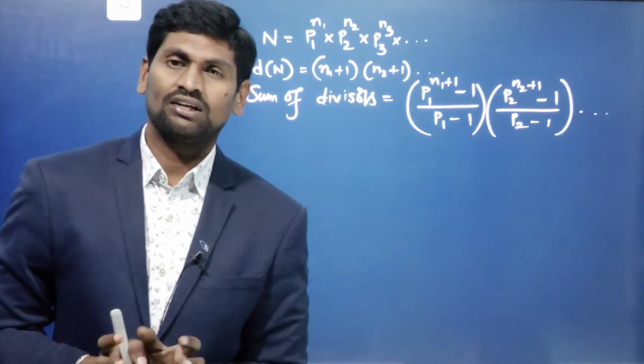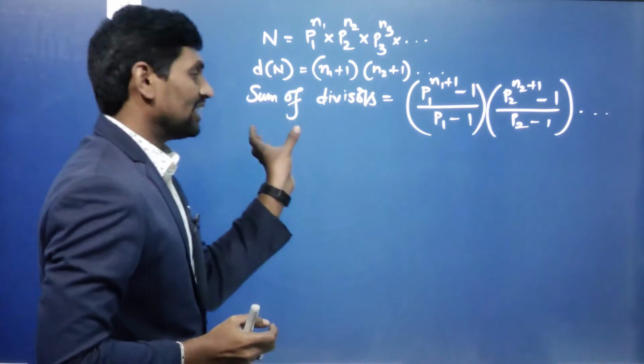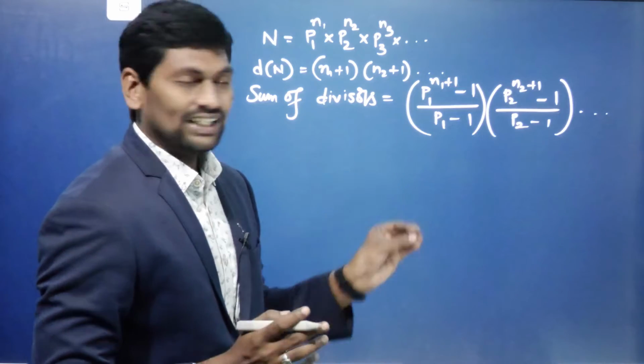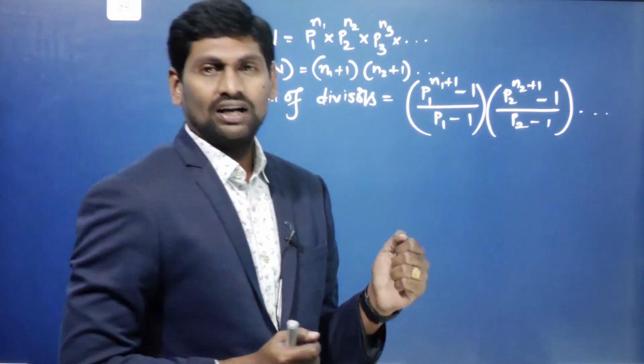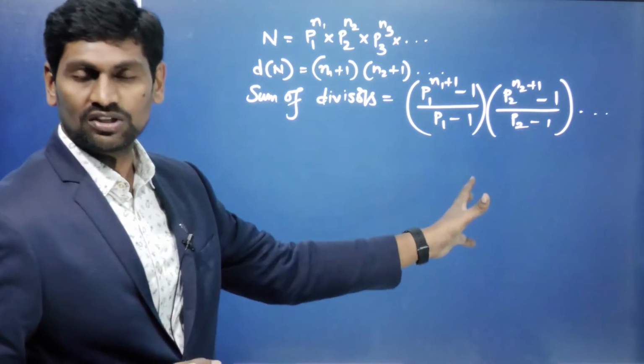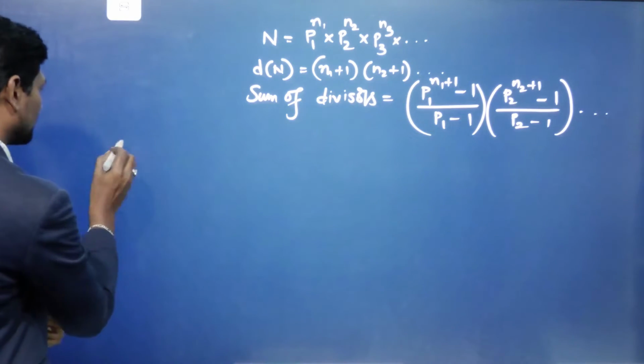This is the formula we use to find the sum of divisors of a composite number. Now let us take one example and use the general form as well as the formula. Let us do it both ways.